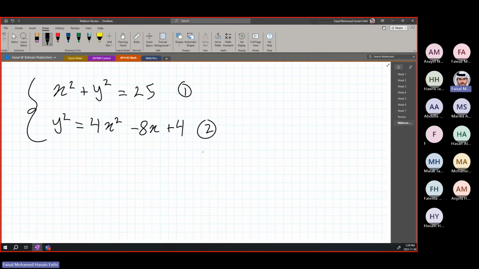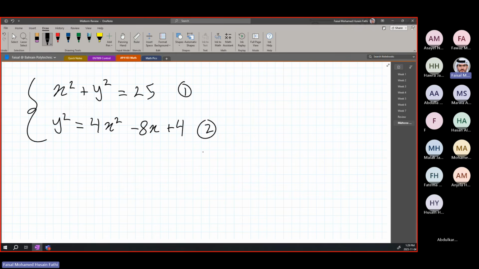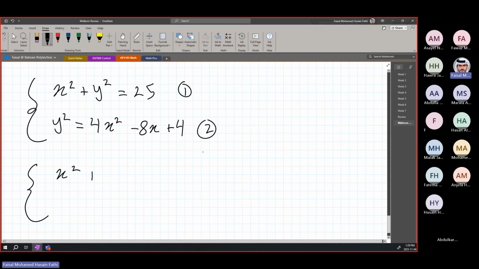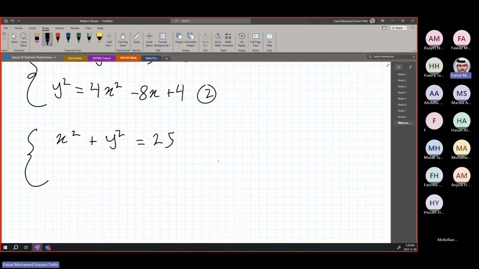So x squared plus y squared equal 25. What is the rule in elimination? In elimination, we need to order everything. So what I like to do is take all my x's, put them on the left side, and order them properly. So we'll do this step by step. We have the top equation, x squared plus y squared equals 25. Here, we're going to have y squared. We're going to take the 4x squared, and here it's plus, it's going to become minus.